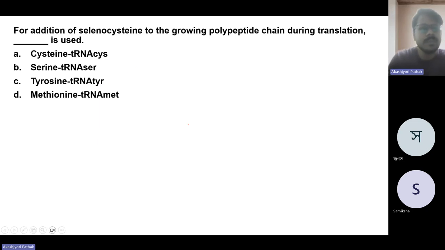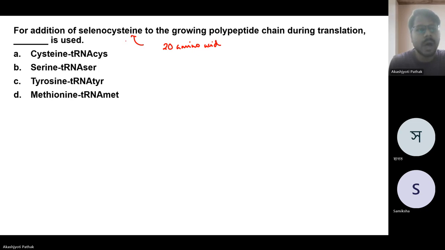So now selenocysteine is a modified amino acid, right? It is not among the 20 natural amino acids. These are natural amino acids, and selenocysteine is a modified amino acid. This is also present in our body, but it is a modified amino acid.